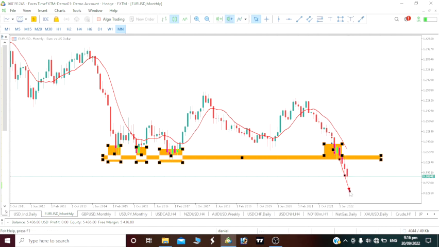As of now, I still believe that euro will continue to drop against our USD, because as long as the interest rate continues to remain consistent, or inflation continues to increase, or the fight against inflation has not reduced it, it is still increasing, then I can tell you that as long as inflation is increasing, the interest rate will continue to increase. Once it continues to increase, then the USD will continue to go up.